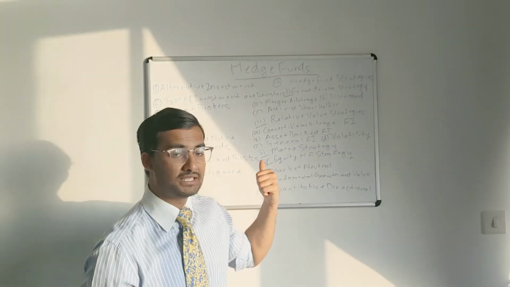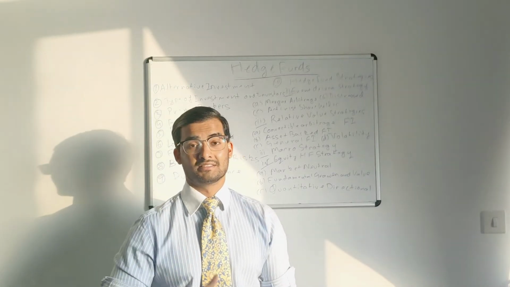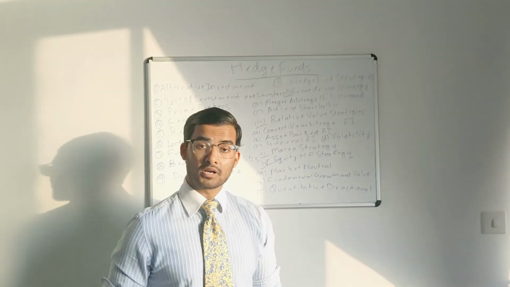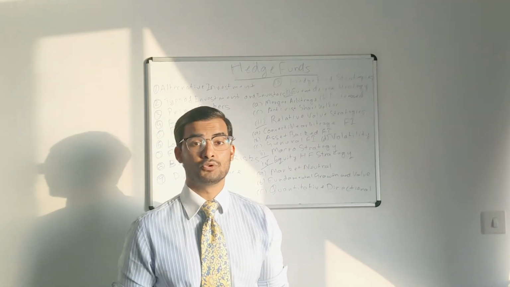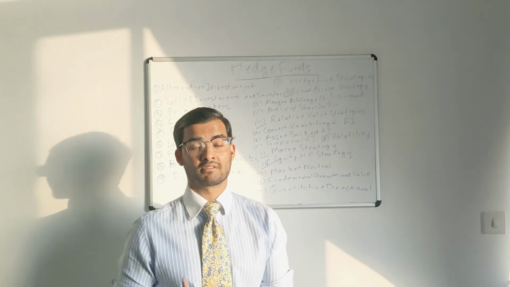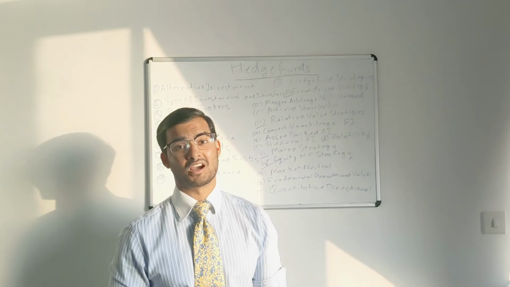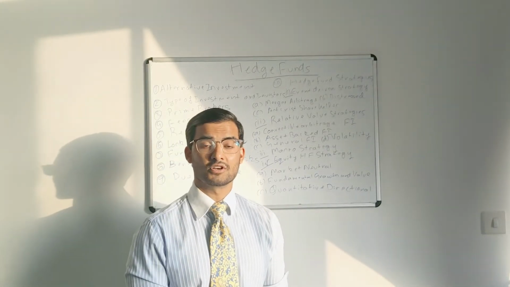Third point being macro strategy, and macro strategy has to deal with the economic events, the economic trends, the geopolitical situations and tensions, what we're seeing at this point of time between Ukraine and Russia, but not just Ukraine and Russia, but between Russia and NATO. I mean, what kind of position are you really going to take? Do you short currencies or do you long currencies?